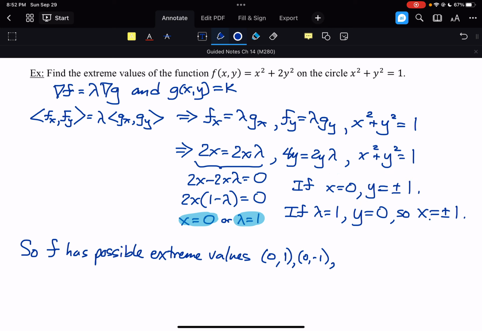Then we have the x's, so 1, 0, and -1, 0. We don't mix and match with each other. So it's these cases or these cases. It's not a combination of all of them, okay? Because these are two distinct outcomes. So we get only 4 critical points here.